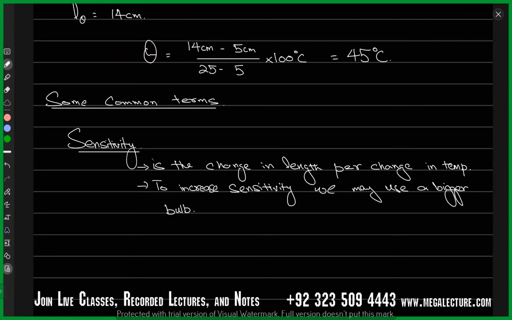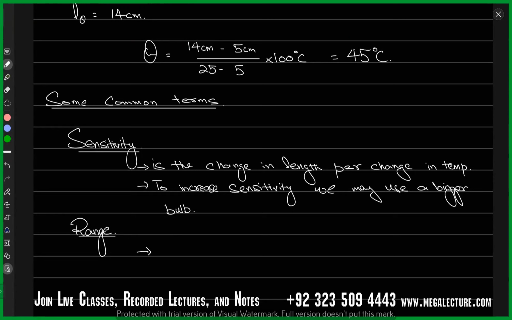And another term which is also used when we want to specify a type of thermometer is range. This range is very simply the difference between the maximum and the minimum temperatures. The maximum temperature on our thermometer, as we defined, was 100 degrees and minimum was zero.